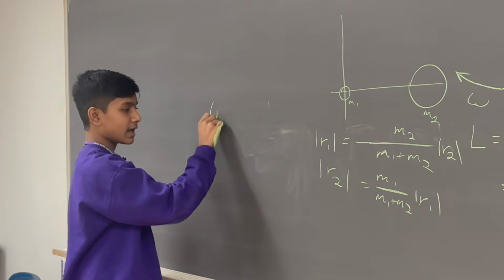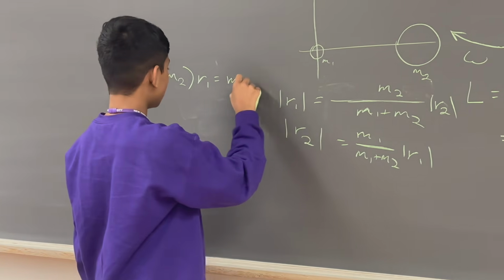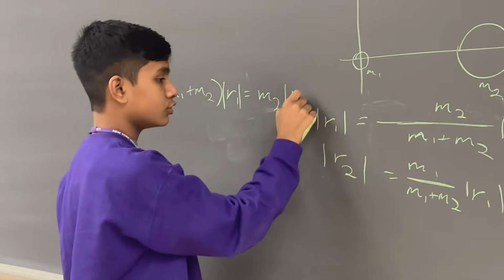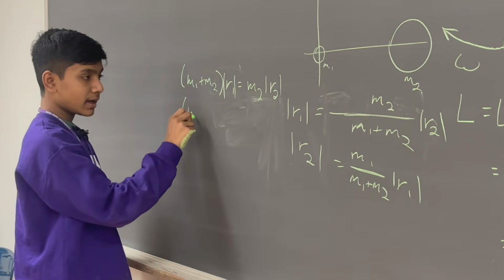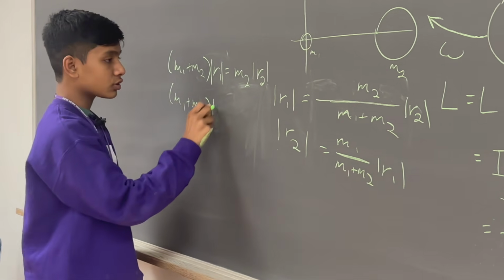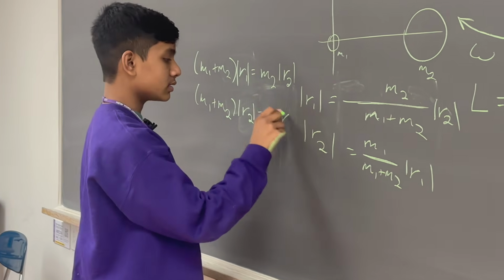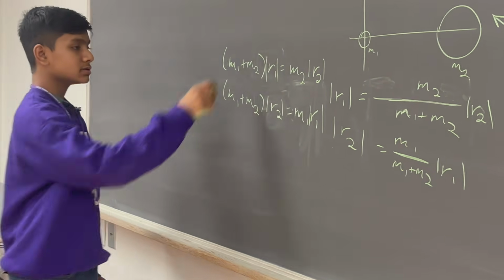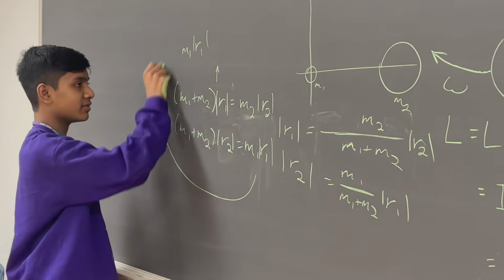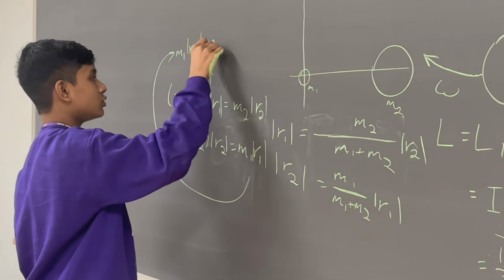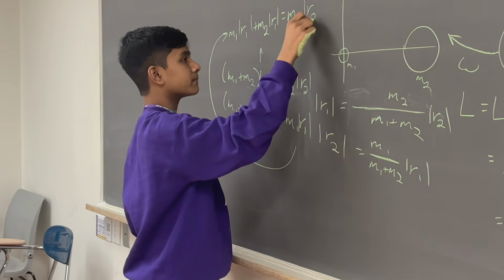So, this gives us m1 plus m2, r1 is equal to m2, r2, right? And then this similarly justifies m1 plus m2, r2 is equal to m1, r1. Okay, so this is m1, r1, which looks suspiciously familiar, plus m2, r1 is equal to m2, r2.